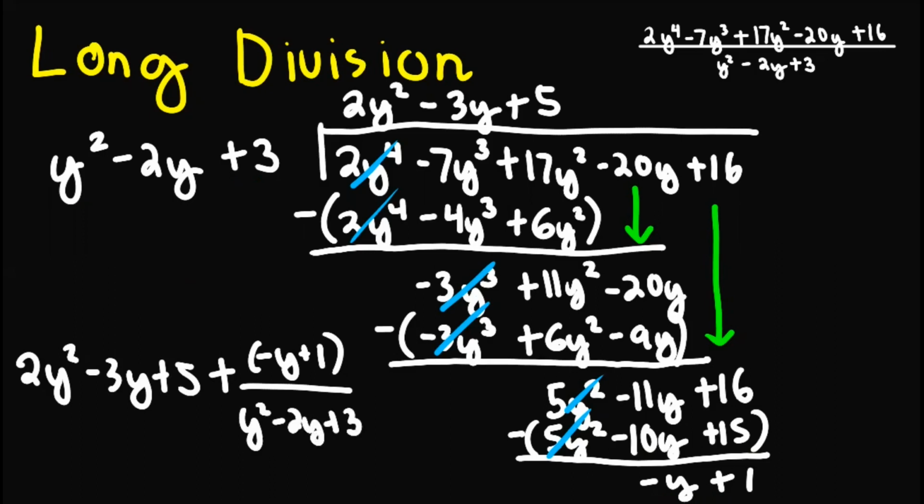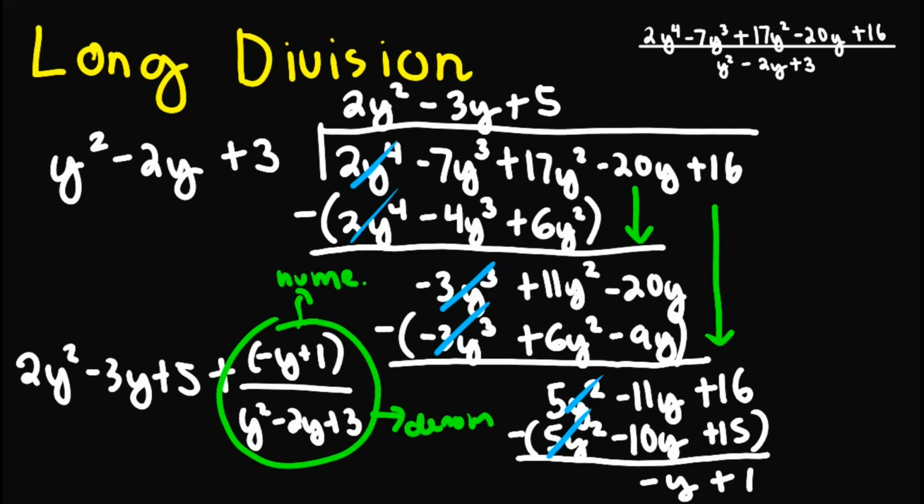So this idea is similar to a fraction. This is like the denominator, and this is the numerator. Since we can write it like this, the negative y plus 1 is the portion that we were not able to divide in this one.